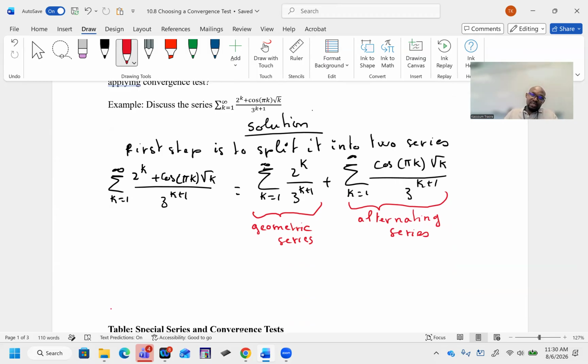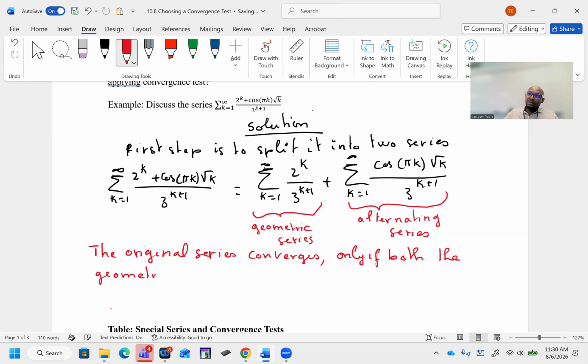So we know the original series is convergent only if both the geometric series and the alternating series converge.